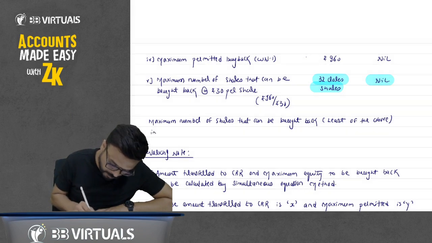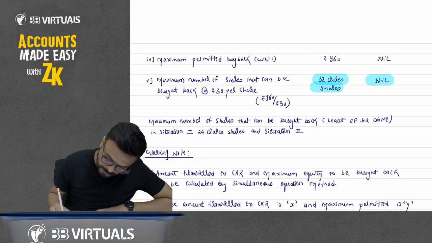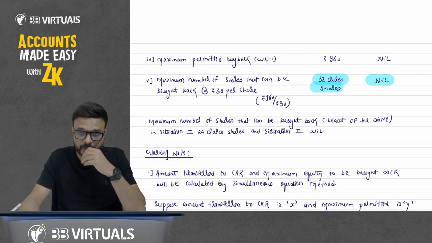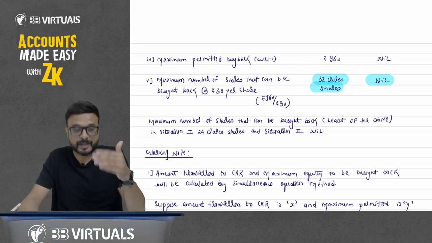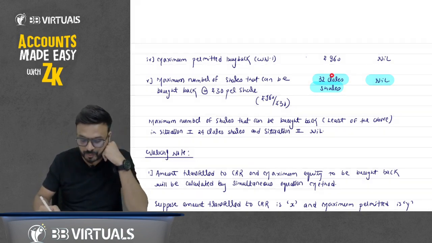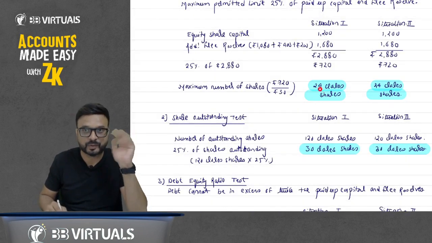In situation 1, 24 crore shares, and situation 2 is 0. So now we have to pass the journal entry. How many maximum shares can we buy back? 24 crore. How have I calculated 24? These are 32, 24 and 30. The least is 24.